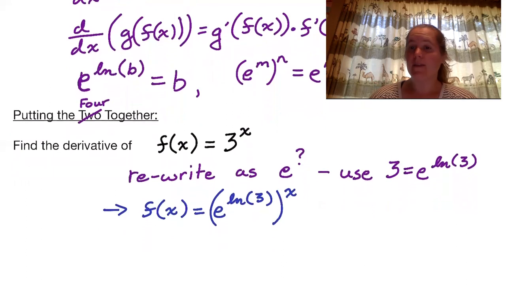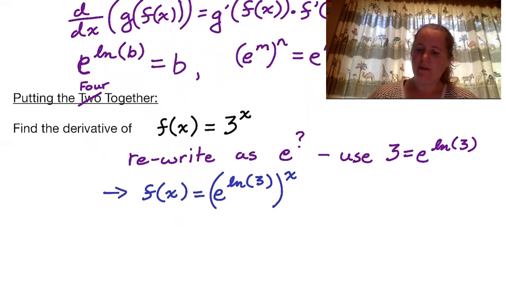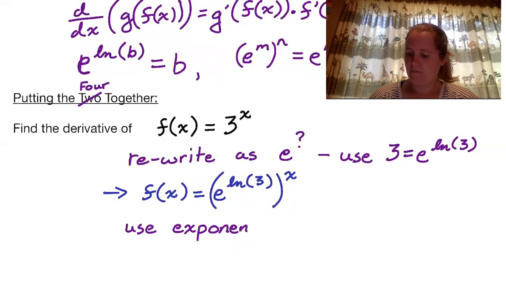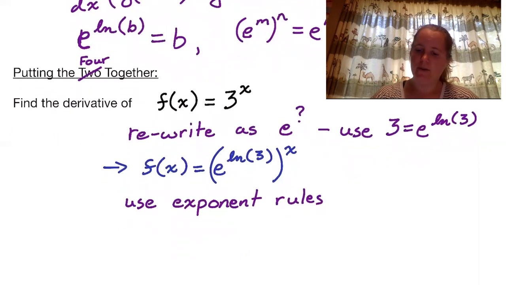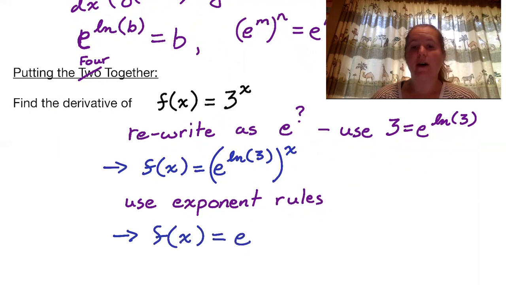Now we're going to manipulate this so that we no longer have the x on the outside. So we're going to use our exponent rules. Raising to one exponent followed by raising to another exponent, we get that f of x is equal to e to the, we can just multiply those two exponents, natural log of 3 times x.